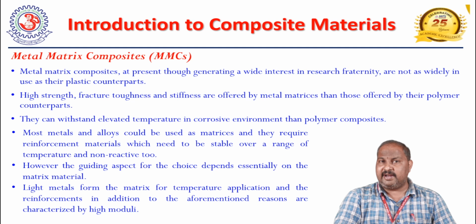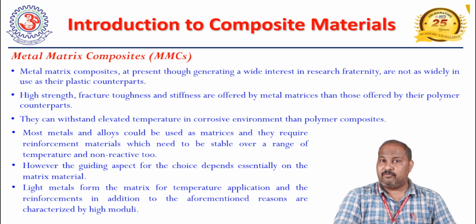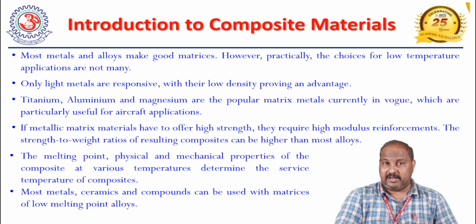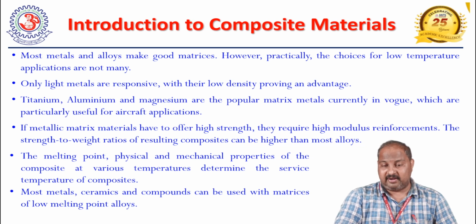However, the guiding aspect for the choice depends especially on the matrix material. Light metals form the matrix for temperature applications, and the reinforcement, in addition to the aforementioned reasons, is characterized by high moduli. Most metals and alloys can make a good matrix.